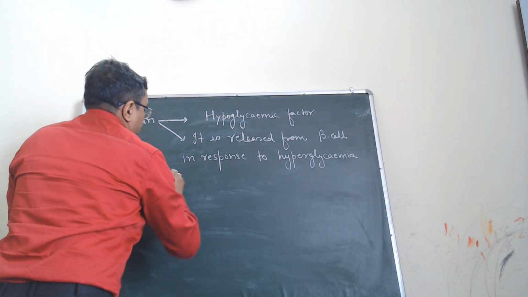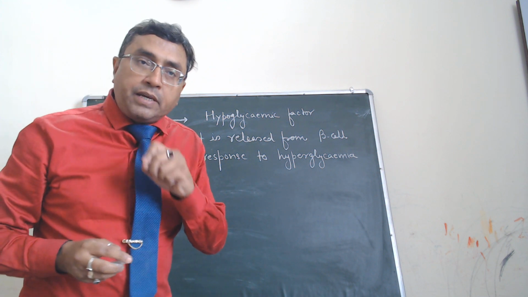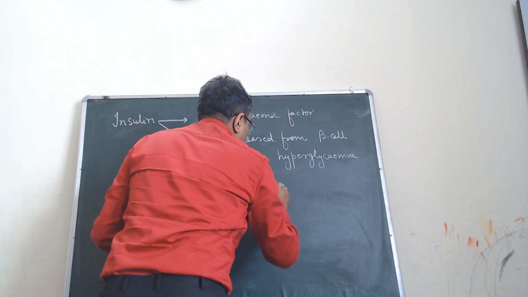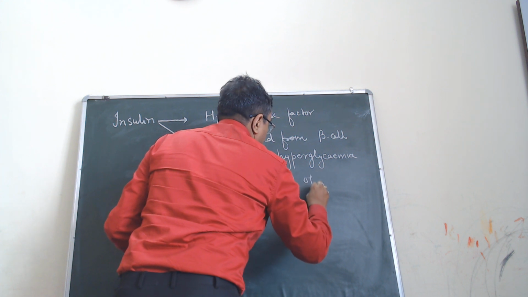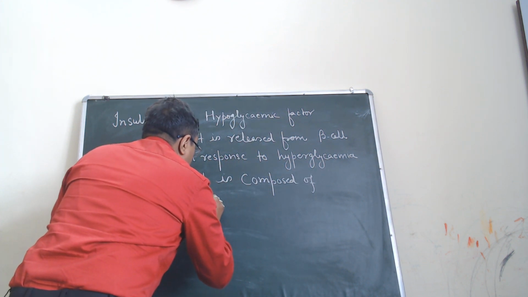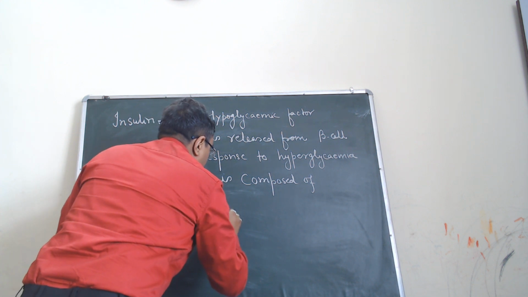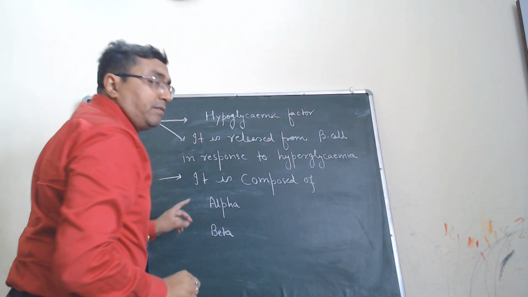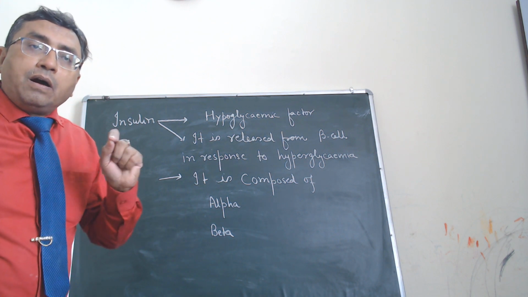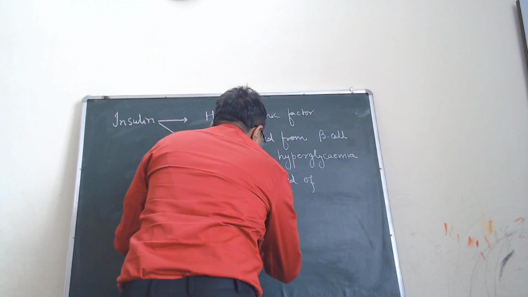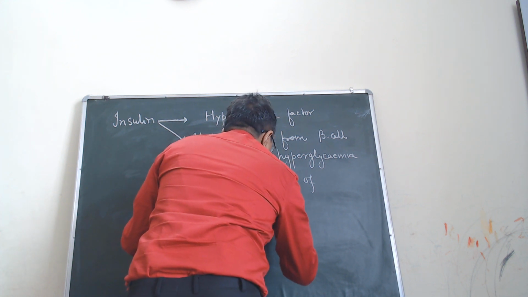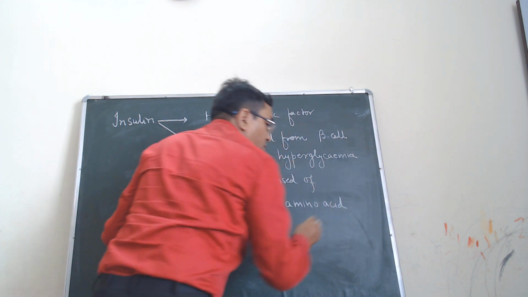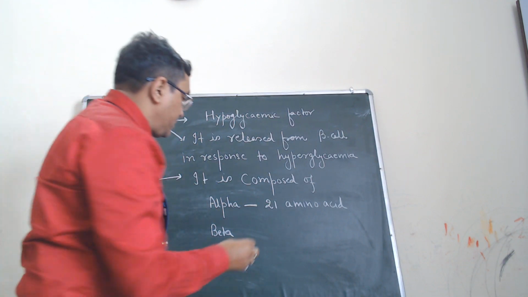It is composed of alpha and beta chain. Alpha chain contains 21 amino acids, while beta chain contains 30 amino acids.